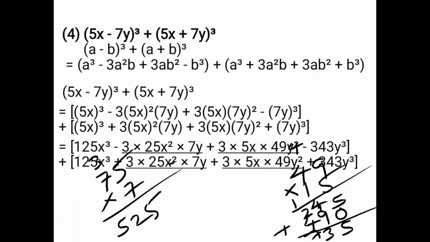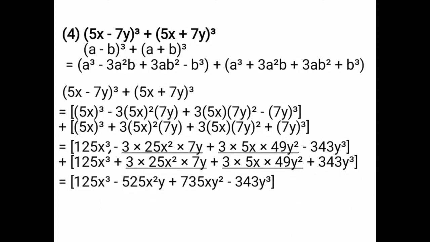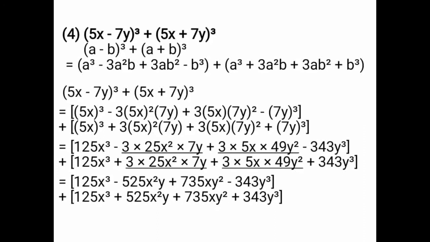Then in 3ab square, 3 fives are 15. 15 into 49, I am getting 735. 735 into x into y square is 735xy square. That is equal to 125x cube minus 525x square y plus 735xy square minus 343y cube plus 125x cube plus 525x square y plus 735xy square plus 343y cube.